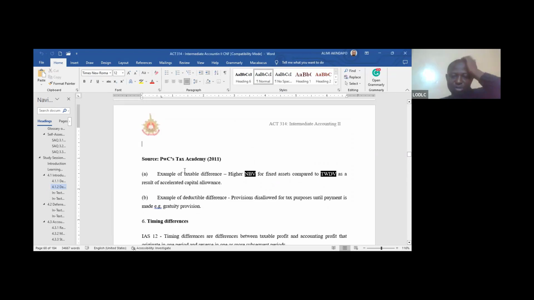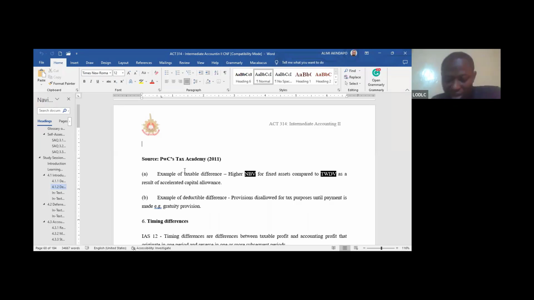An example of a taxable difference is a higher NBV, that is net book value, for a fixed asset compared to its tax written down value as a result of accelerated capital allowance. An example of a deductible difference is when there is a provision disallowed for tax purposes until payment is made, for example, a gratuity provision.